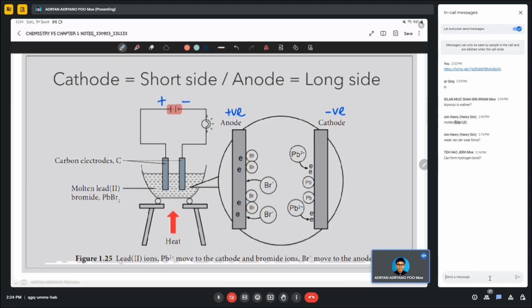In the electrolytic cell, you see Br minus is at the anode, and there are electrons at the anode. Br minus will release the electron.